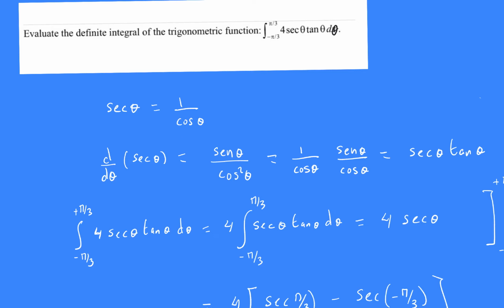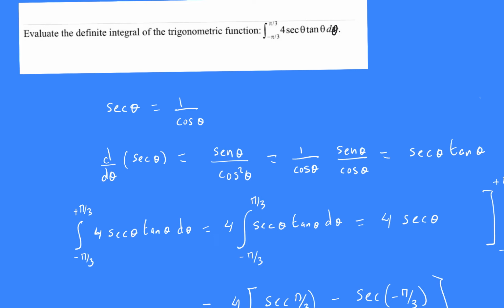You know that. So this can be written like 1 divided by cosine of theta, times sine of theta divided by cosine of theta, separating the cosine of theta. And this is secant theta tangent theta. As a result, the derivative with respect to theta of secant theta is secant theta tangent theta.